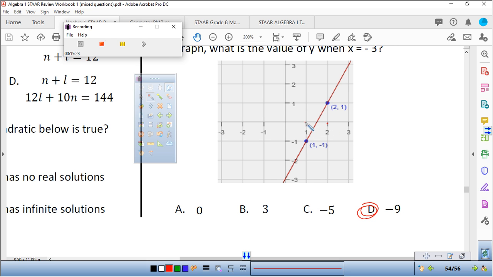So for every move this way, I go down 2. For every move this way, I go down 2 more. Right here, right? I'm at a -1. So right here, now I go over this one, I'm down 2 more. I'm at a -5. Go this way, down 1, 2, -7. This way, down 2, -9.